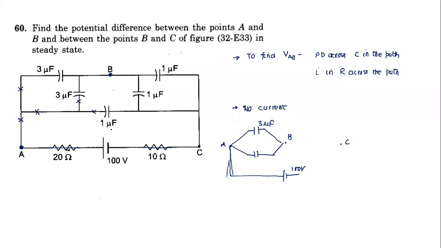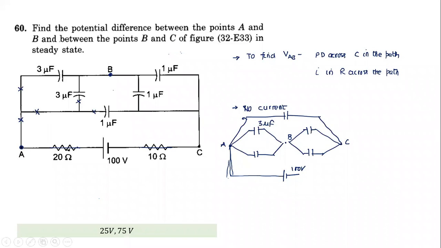This 1 microfarad is connected across A and C, and these two are connected between B and C. So this is what the circuit is, and finding the potential difference between points A and B is fairly easy now. This is 1, 1, so this becomes 6 and 2, and you can easily get that value.